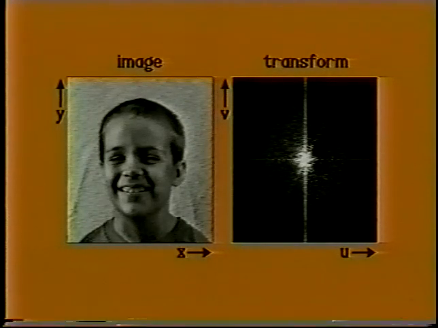Part 5, Recap. For every image, there is a unique Fourier transform. The Fourier transform space is called the UV plane. Each UV point represents one Fourier component.